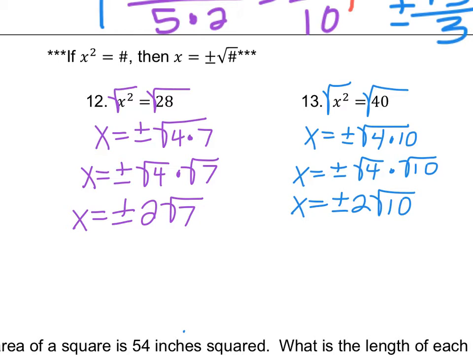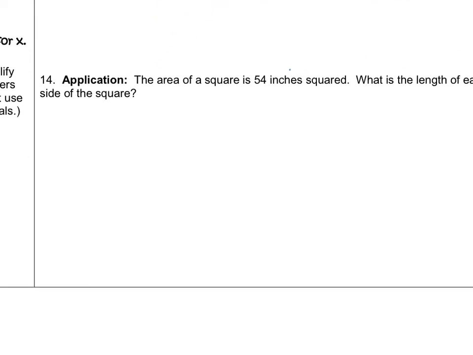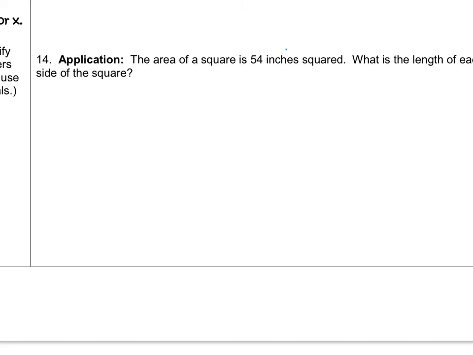And then number 14 is our application problem. So it's given us the area of a square is 54 inches squared. So a square is a side times a side, or side squared. So our area is 54.